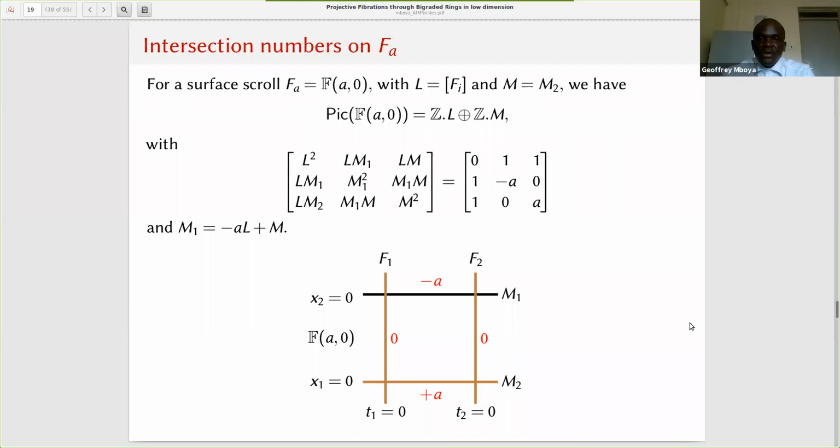So intersection numbers on the scroll are given by the matrix I've indicated here. It is very easy to show this because we have said earlier that L is the class of all the F_i, and in this diagram you can see F_1 and F_2 are disjoint, so L squared is going to be 0.